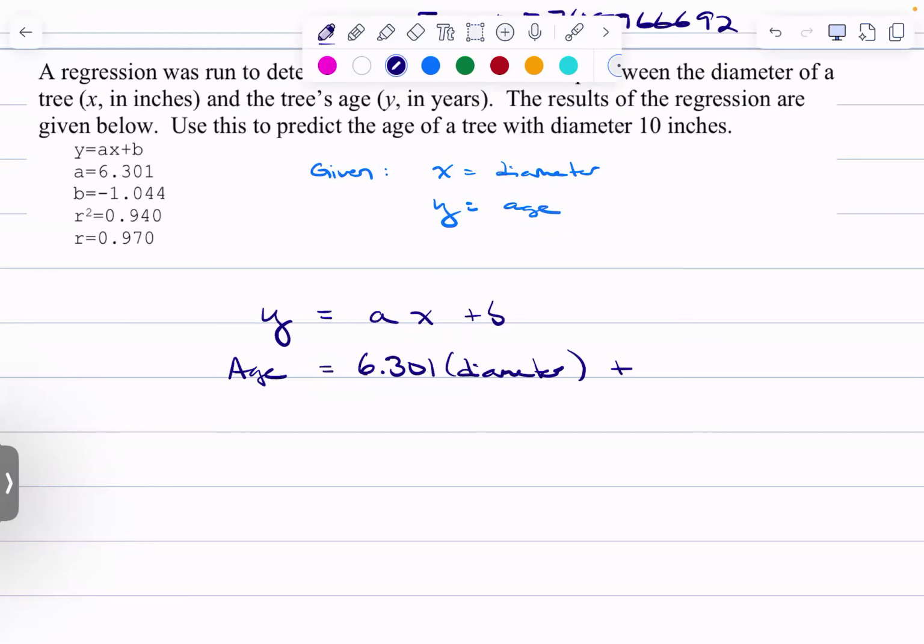Plus negative 1.044, so I'm going to just make that a minus right away: 1.044. So I've snagged this information from here and put it all together here. A little bit easier to look at, I think.